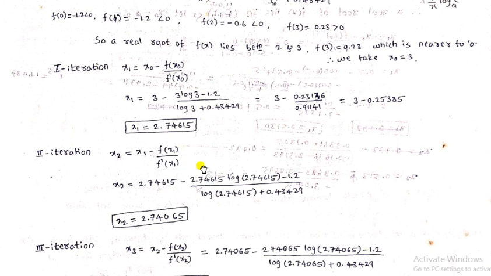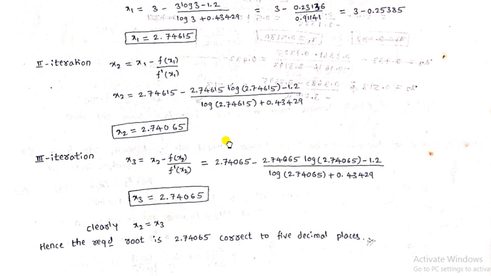So simplify, you'll get x1 value as 2.74615. Then while calculating second iteration, you have to use the x1 value and continue the same process till the two values are same here.